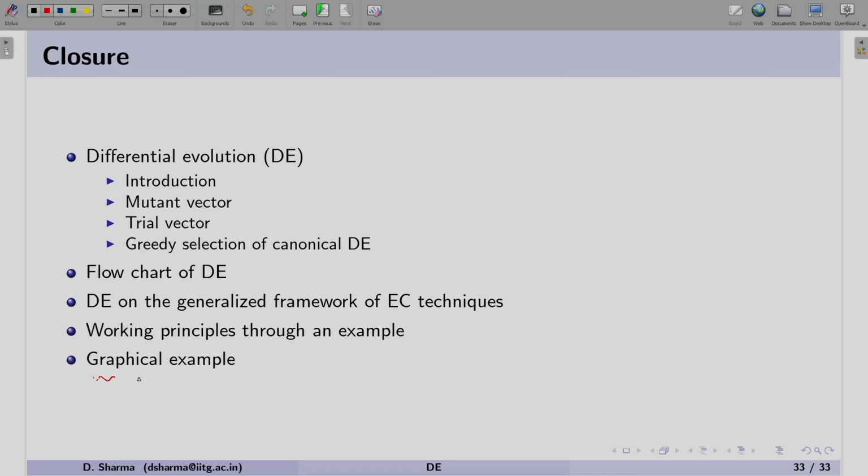The same calculations we showed in terms of a graphical example, starting from the initial population to the mutant vector to the trial vector, and finally the new target vector for the next generation. We understood how these vectors are improving using mutant and trial vector operations, and we can expect that after a few generations DE will converge to the optimum solution.